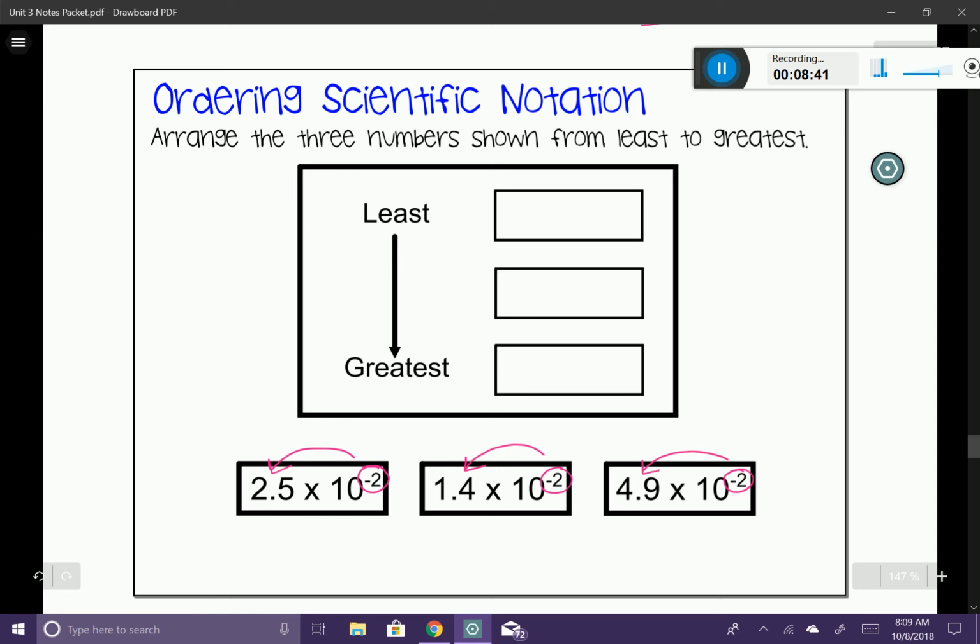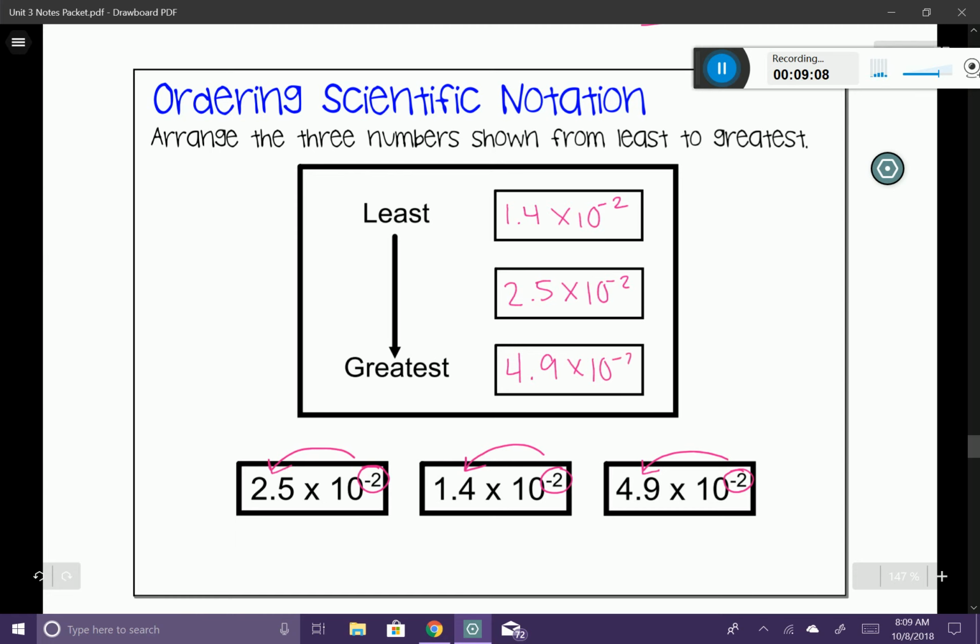Now, when all 3 of the exponents are the same, all I need to do is take those bases and order them from least to greatest. So looking at those 3 bases, I'm going to start with my smallest one, which is 1.4 times 10 to the -2, followed by 2.5 times 10 to the -2, and followed by 4.9 times 10 to the -2.